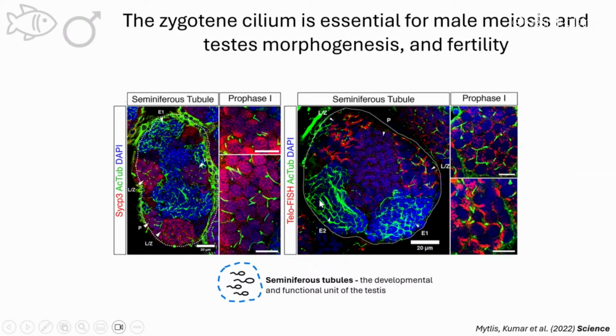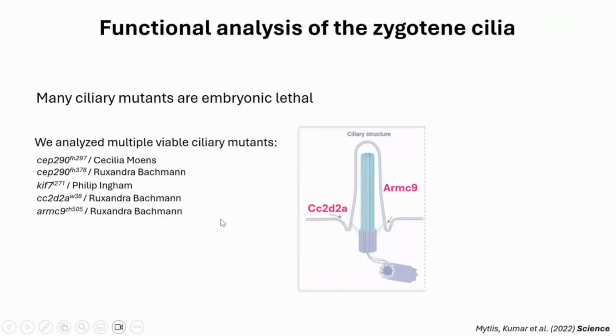And we wanted to distinguish the zygotene cilium from the later forming flagella. To do so, we used SYCP3 marker and telomere FISH marker, and indeed established that the zygotene cilium appears and is conserved in prophase stage spermatocytes. But what's the function? In order to test that, we used two validated ciliary markers, SEPT290 and KIF7.